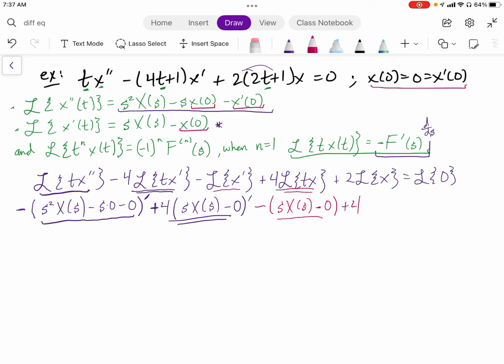So we have the t, we need it negative, and f prime, right?